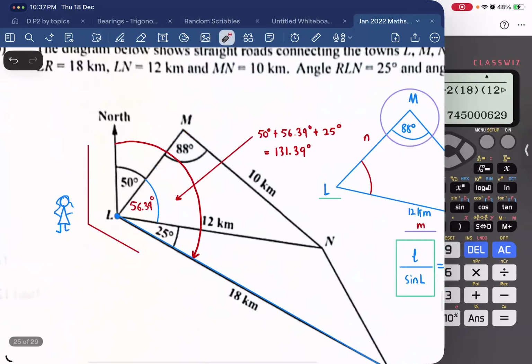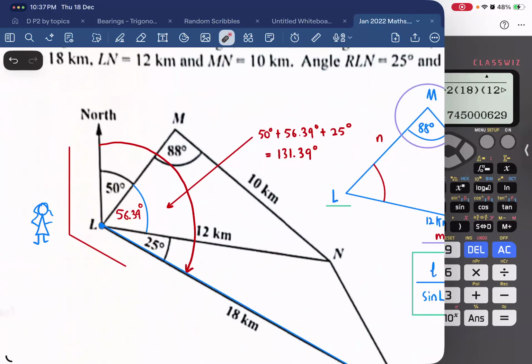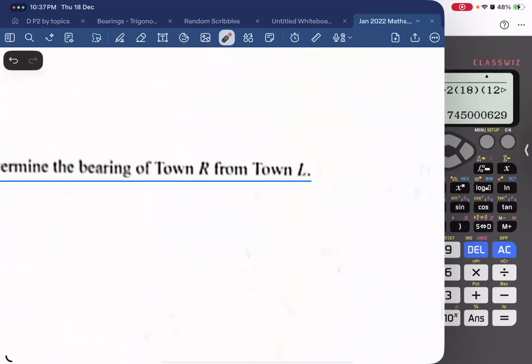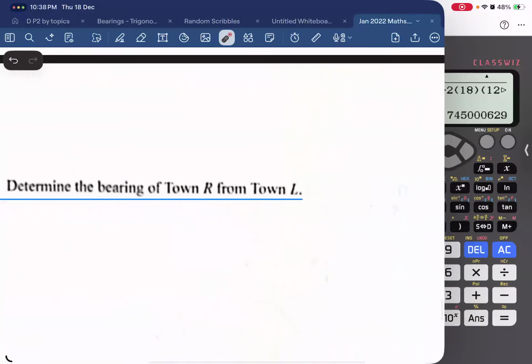All right. So, Faith, when you're doing bearings, you'll see the word from. That's where you're starting from. So, in this question, they said the bearing of town R from town L. What this means in English is how would you go from L to R? I'm going to write it in.